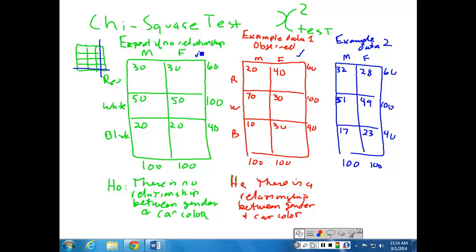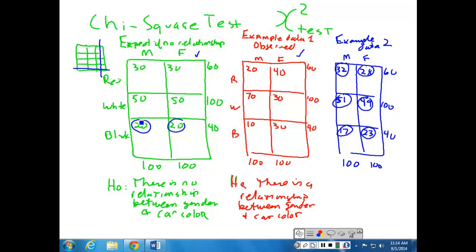But these are pretty close to what you would expect if there's no relationship. Therefore, I'm not going to reject H0. I'm going to conclude that there might not be a relationship. Again, because the numbers here are reasonably close from here.